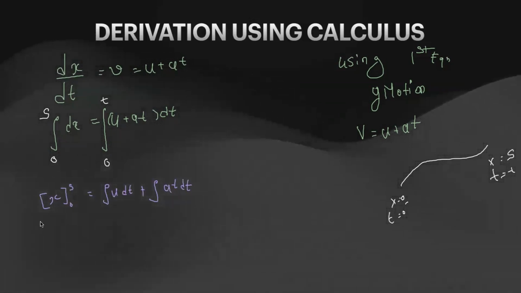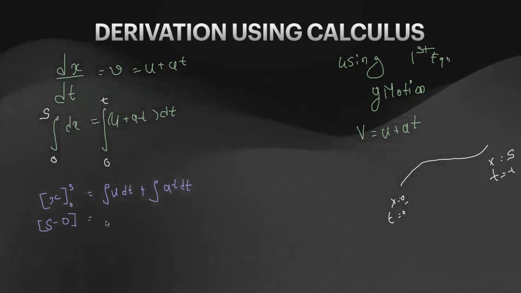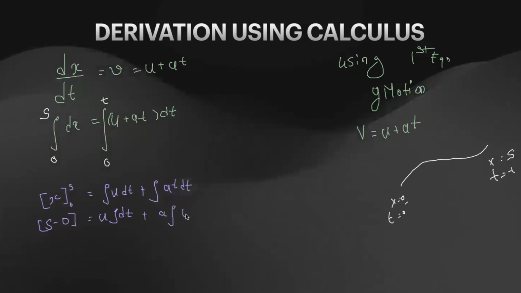So this is s minus 0. u is constant with respect to time, initial velocity is the same. So integral dt, I'll do one more step, plus a into integral t dt.